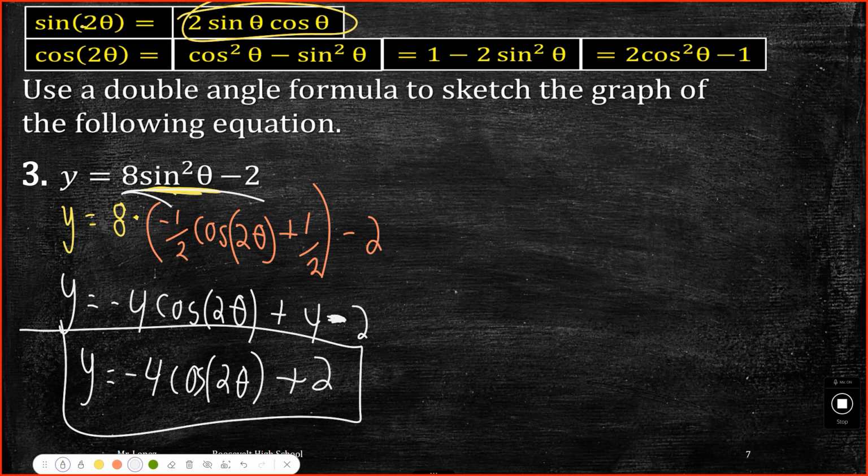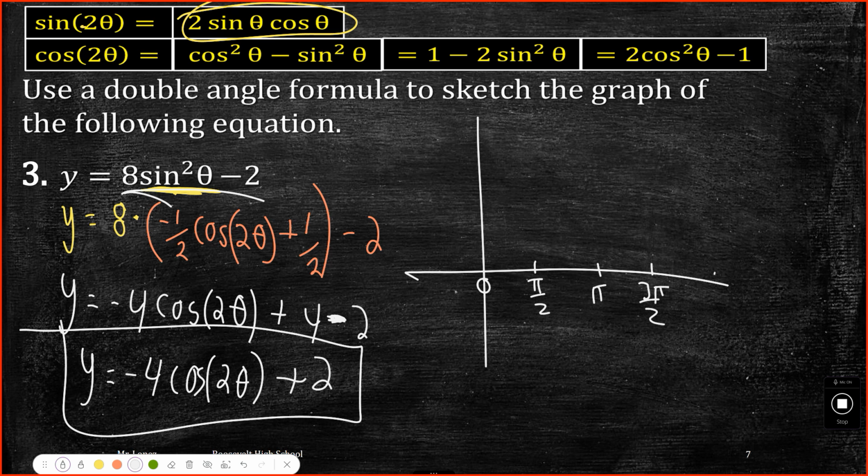So now we're going to make a graph, graphing from 0 to 2 pi. It was shifted up too.